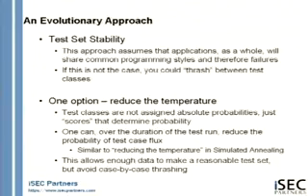So one option is to reduce the temperature. Temperature is a reference to another concept in algorithms, especially in simulated annealing, where you have a general parameter that defines how likely you are to change the probabilities or the search criteria or things like that.